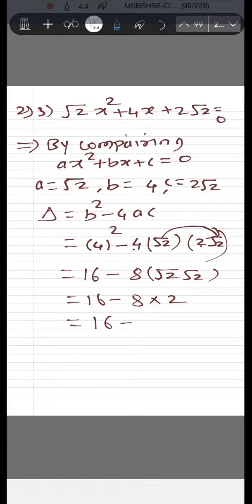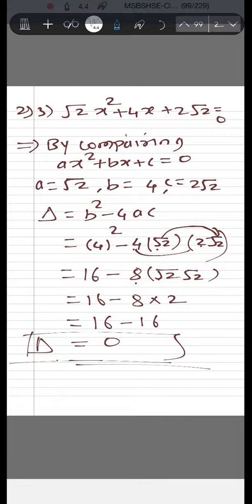So 16 minus 8 times 2, which is 16, is equal to 0. So the discriminant is equal to 0. That's it. Simply, 4 into 2 is 8, the square roots get cancelled, and it becomes only 2. This is how you solve the question. Hopefully you have understood.